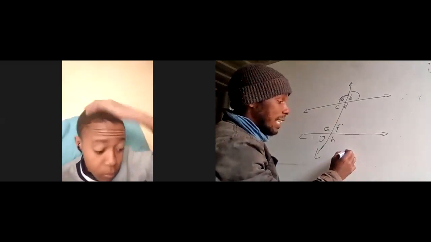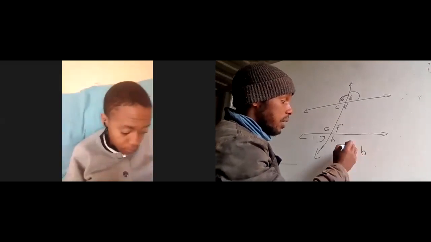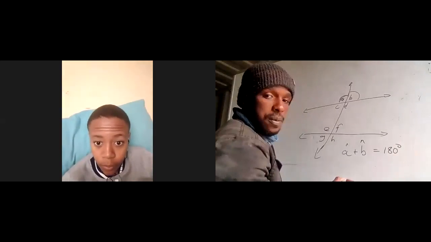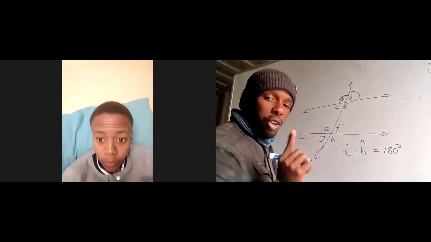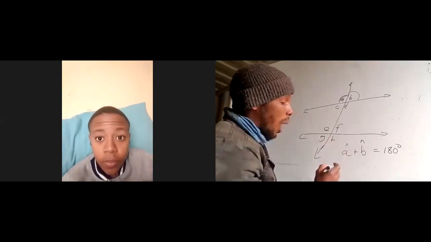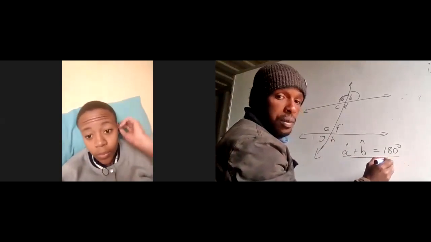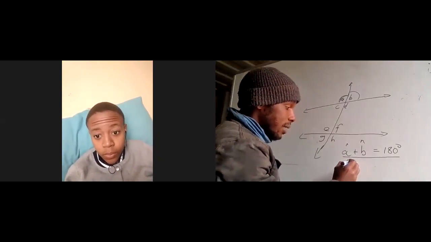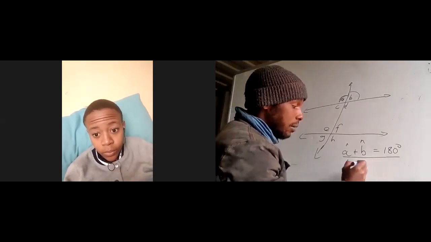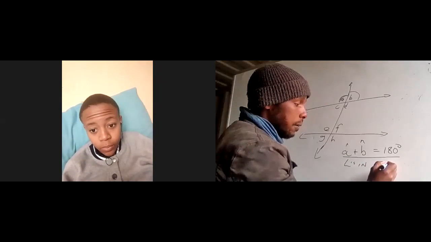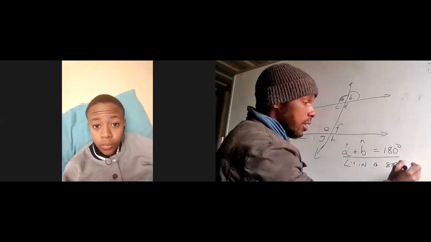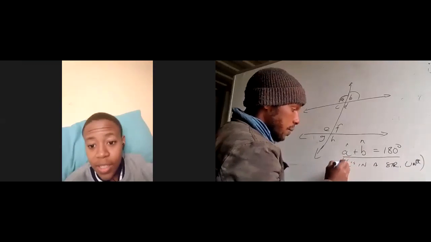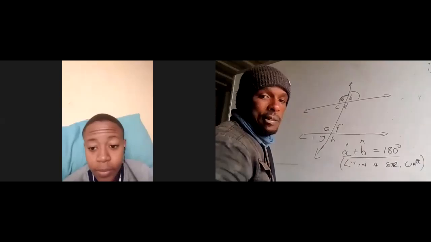So A plus B is 180 degrees. But in Euclidean geometry, you state your reason. Why are you saying this is true? Because angles in a straight line. That is your reason.